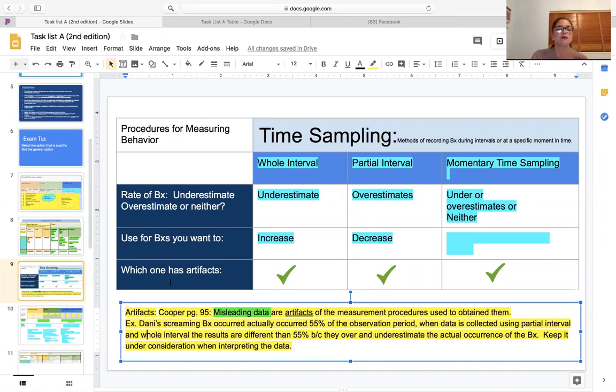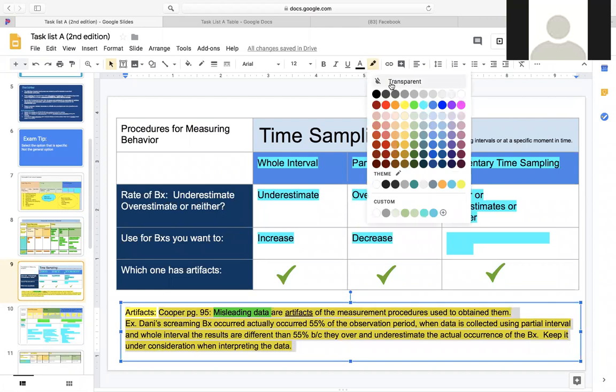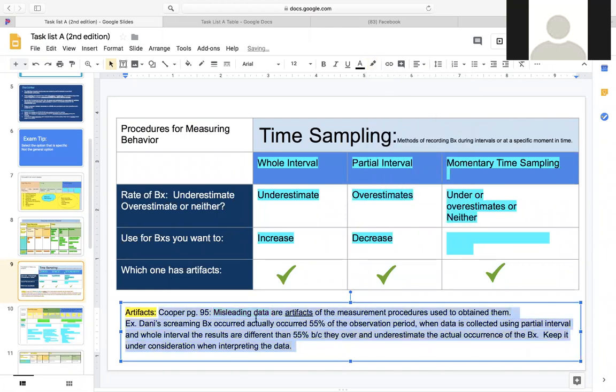Do you want to explain in your own words what artifacts are? I'll try. Artifacts can produce misleading data because it's not always representative of what happens when you're using interval data. For example, it could say a behavior only occurred in 20% of intervals for partial interval data, but those 20 intervals could have been a high frequency.